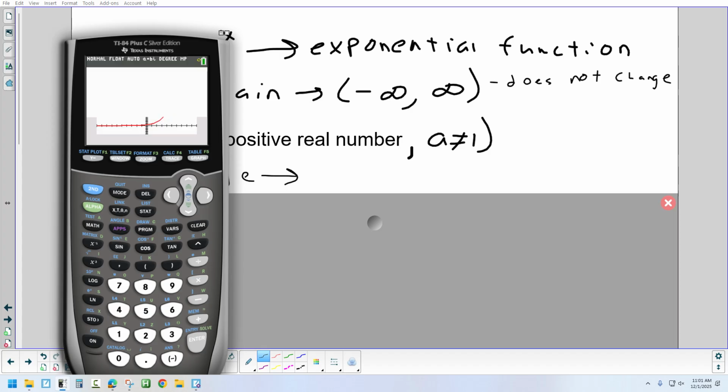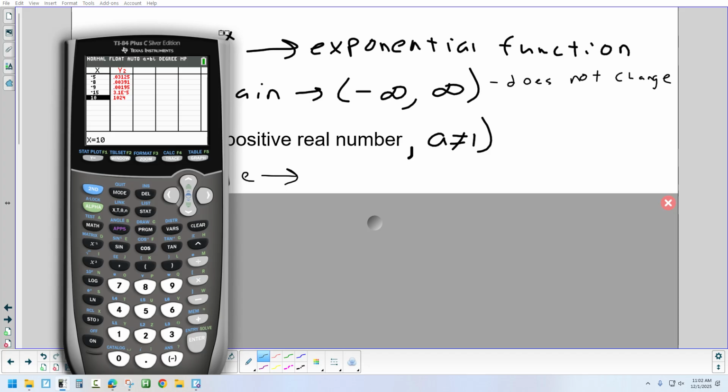If you go to the table and start plugging in numbers that go to the left, all we do is get numbers that are getting closer and closer to 0, but they are never reaching it. Eventually, it's going to start giving them to me in scientific notation, 0.00003. But it never reaches it.